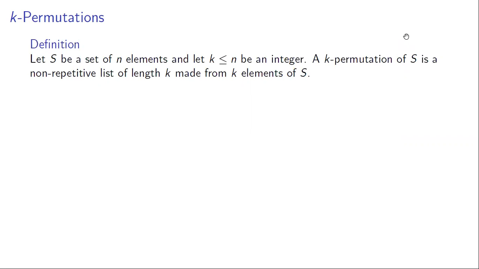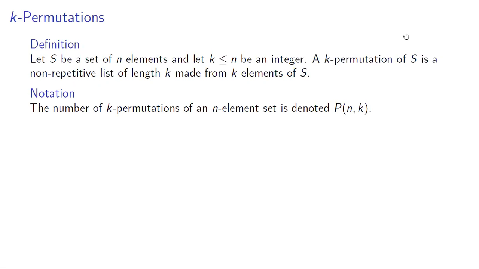A K-permutation of S is a non-repetitive list of length K made from K elements of S. Okay, so a standard permutation is where we use all the elements of S. A K-permutation is where we use K elements of S, and we make a non-repetitive list of length K using those K elements of S that we chose.